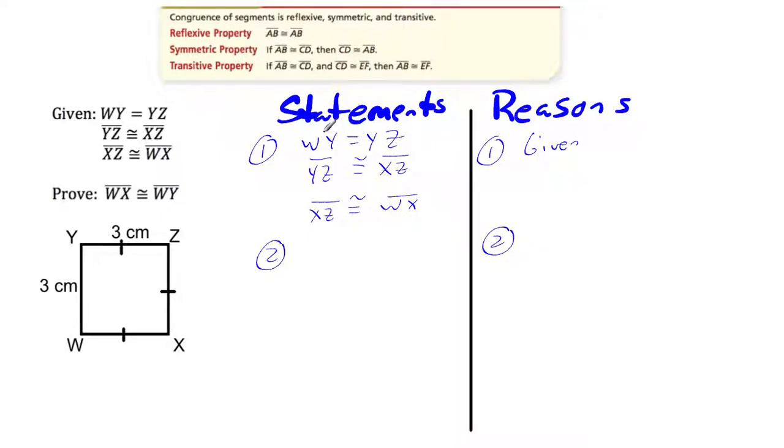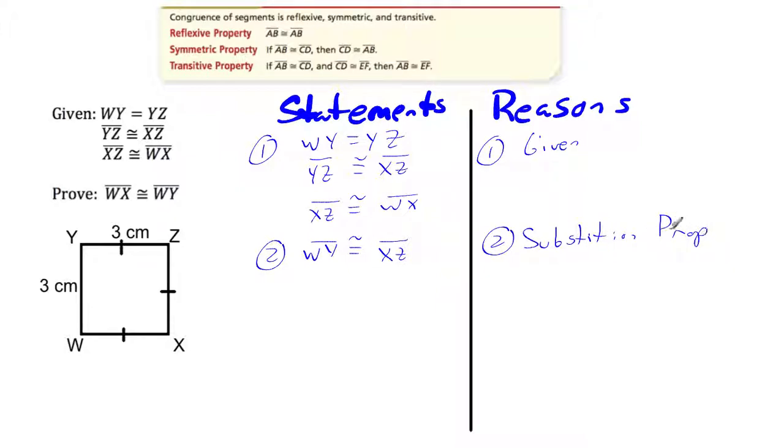Well, we can see that WY is equal to YZ, and YZ is congruent to WX. So can't we say that WY is congruent to XZ? And what we do there is the substitution property.